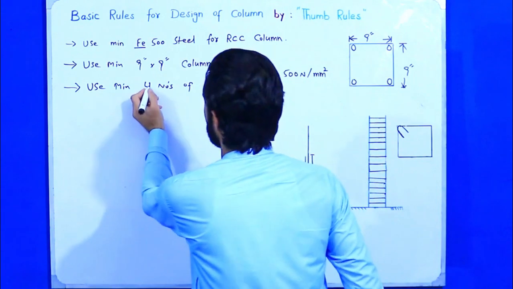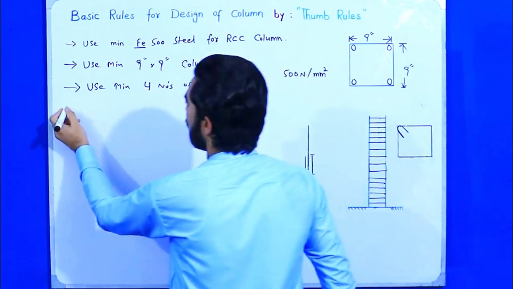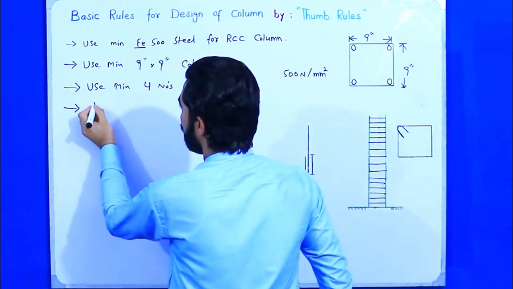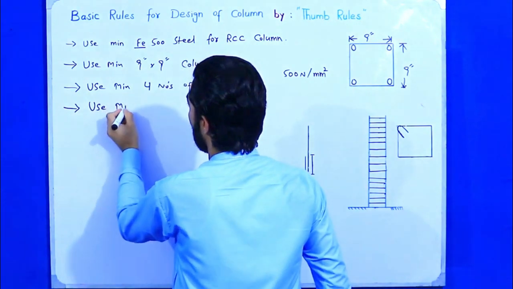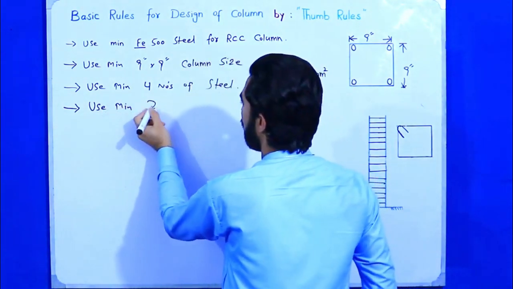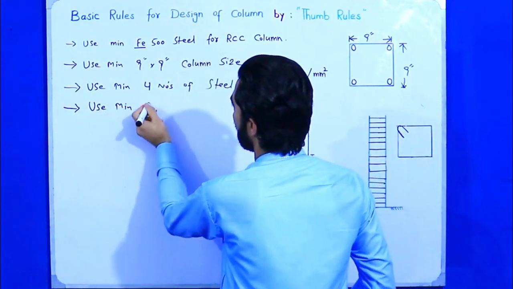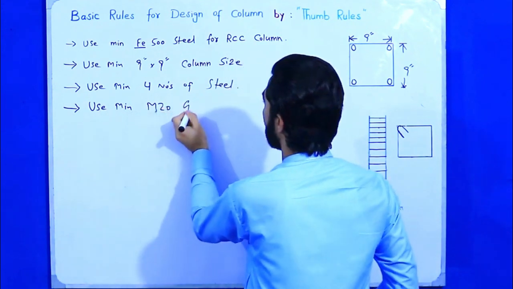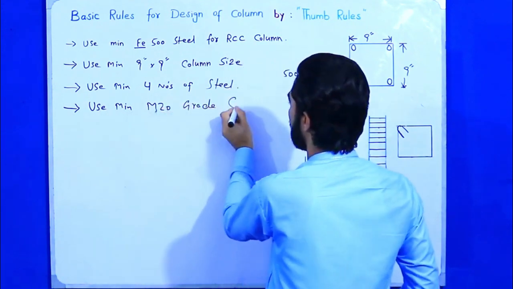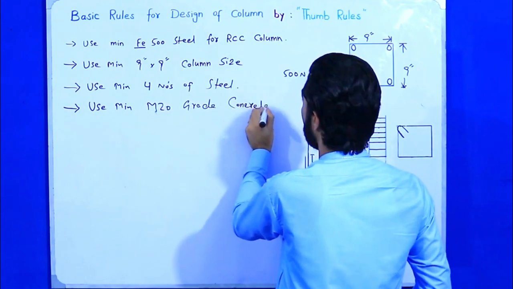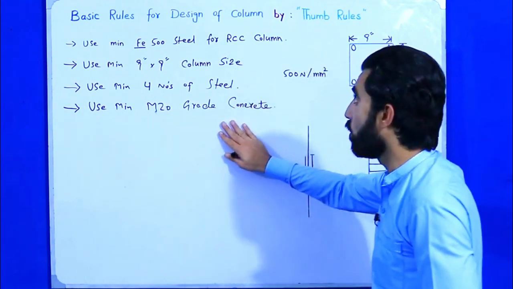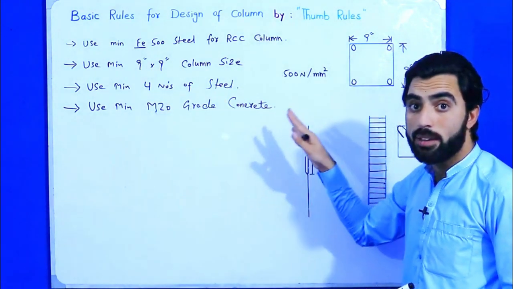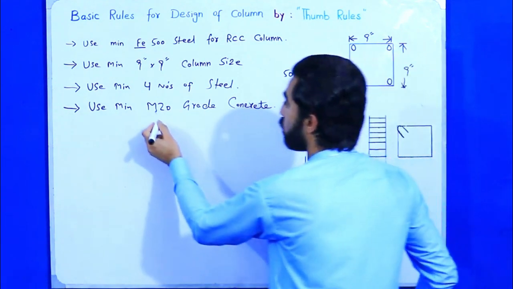Now guys, come to its concrete. Use minimum M20 grade concrete for RCC column by thumb rule. What is the ratio of M20 grade concrete?